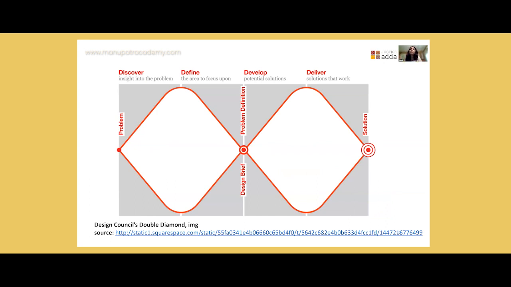This is called the double diamond approach, and I think it's an important concept to keep in mind. Really what we're doing here is bringing together the idea of convergence and divergence. For all of us, convergence comes very easily.